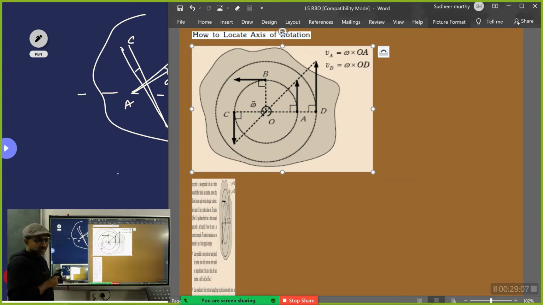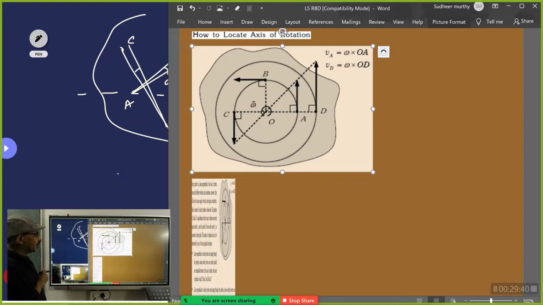Simply multiplication, because both sides are scalar. And there is another way to identify it: the tips of vectors VA bar, VD bar and VC bar, if you see, all pass through the center of the circles, or through the axis.